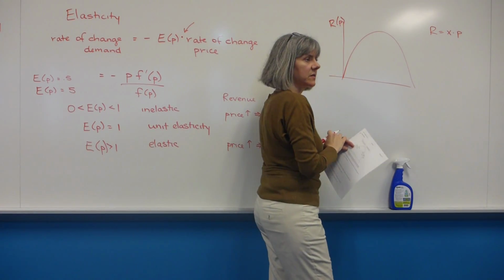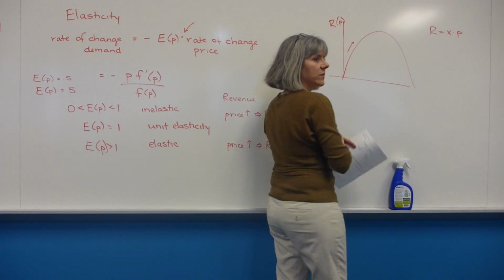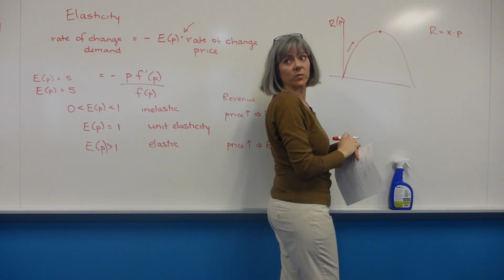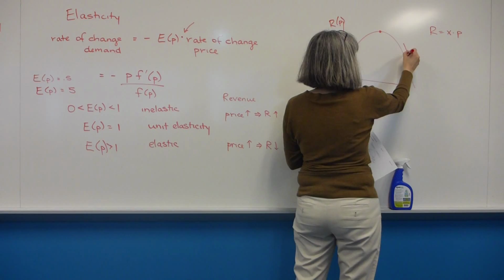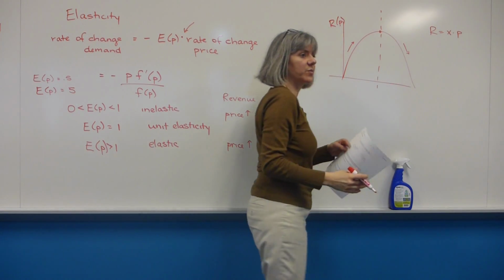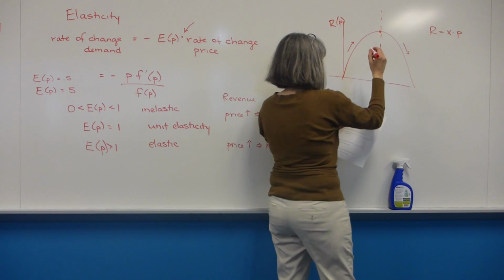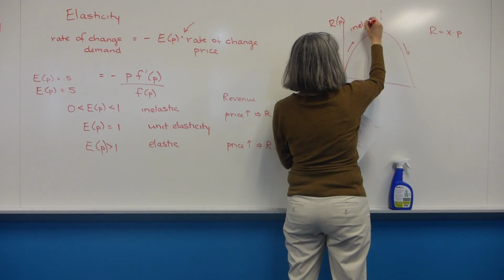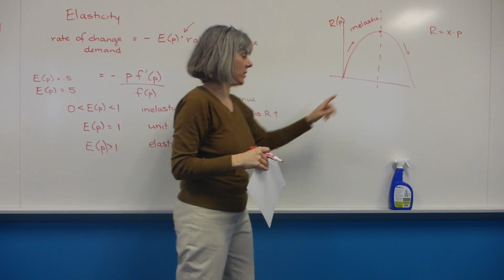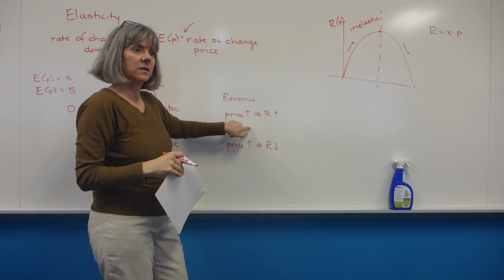So over here, this is revenue based on price. Here we have increasing revenue. What do we have up here? Maximum revenue, right? And then we have decreasing revenue. This right here is a breakpoint. Here we have inelastic, right? Because when the price goes up, the revenue goes up. That's right here.